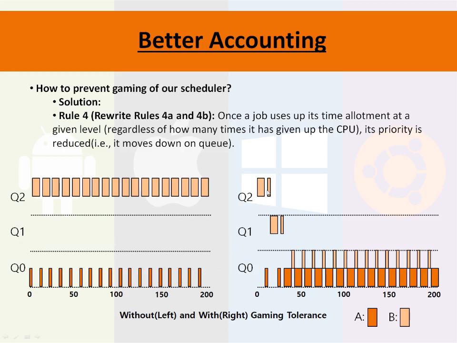But now, after incorporating these changes to the rules, we see that initially process B stays in the high priority band because it's giving up the CPU, but then after its allotment of time, we then degrade it into the lower bands, and then finally the last band. So for a period of time, it remained in the highest priority because of its input-output requests that it utilized, but then over a given allotment of time, it was reduced, and then everything remained in the lowest band. So this is one way to account for gaming our scheduler.